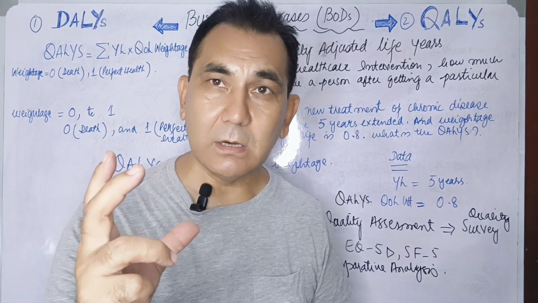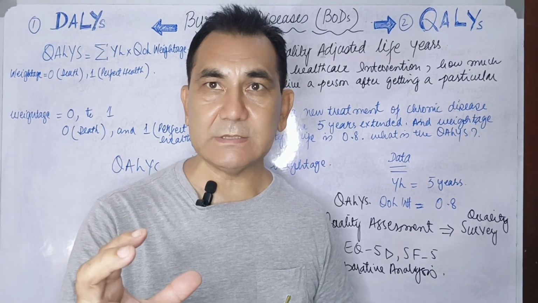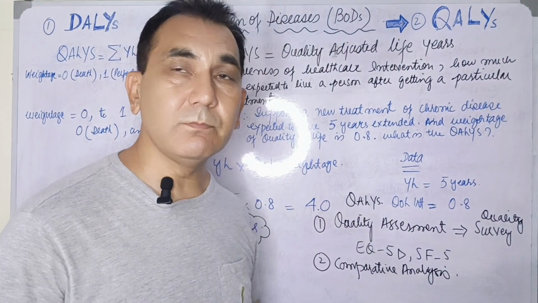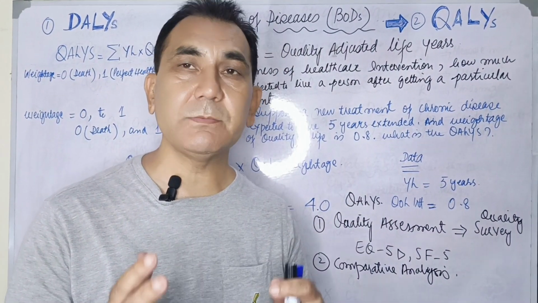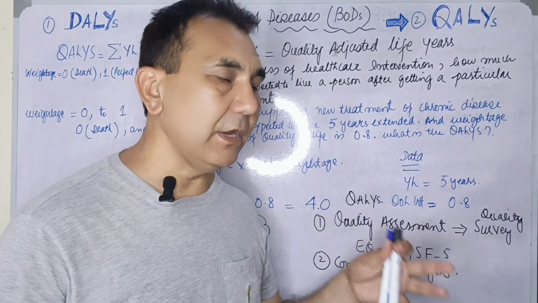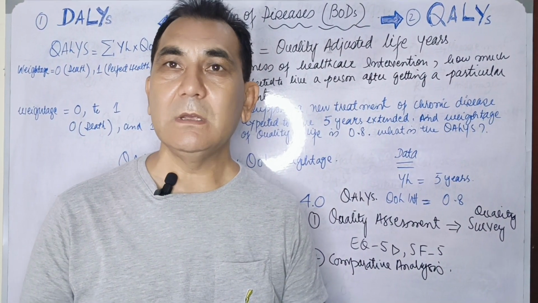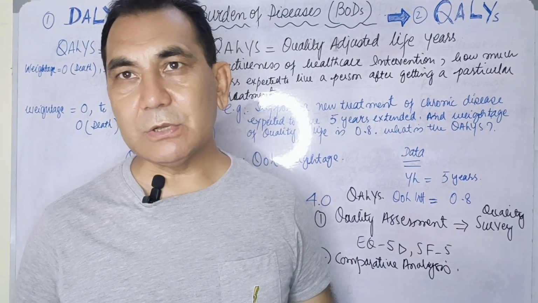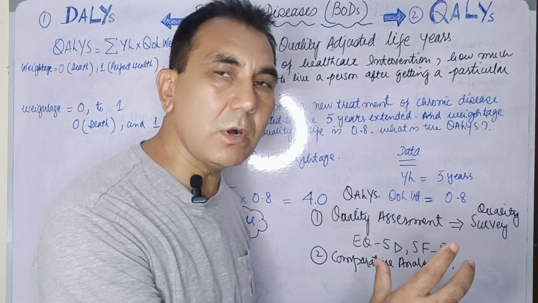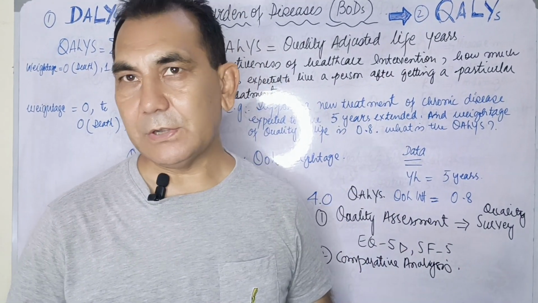Which treatment is cost effective and gives a good assessment of the quality of life for individuals or the population. It will enable the decision makers to choose the cost effective quality treatment.